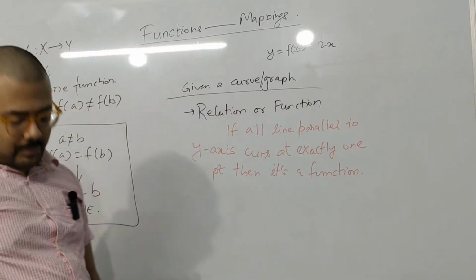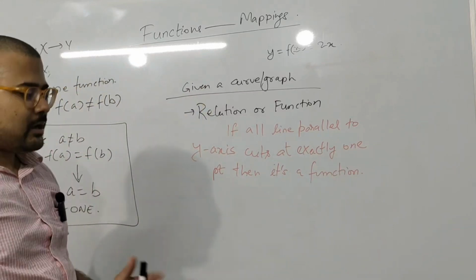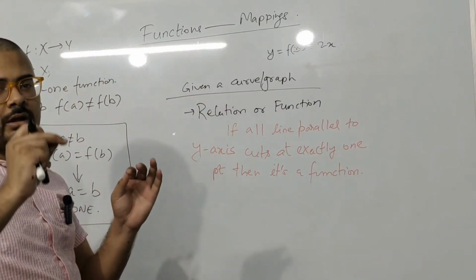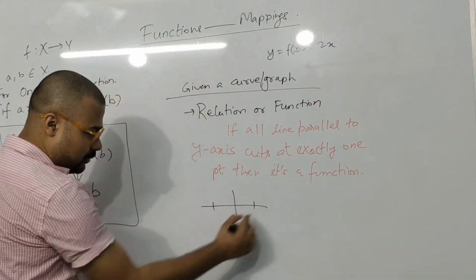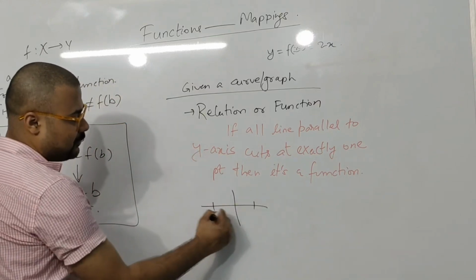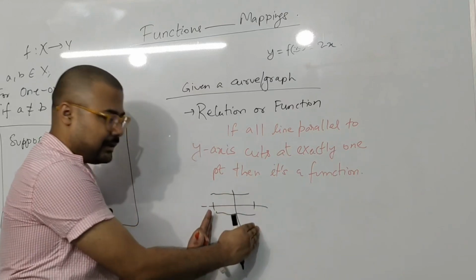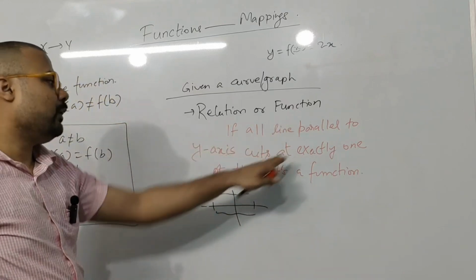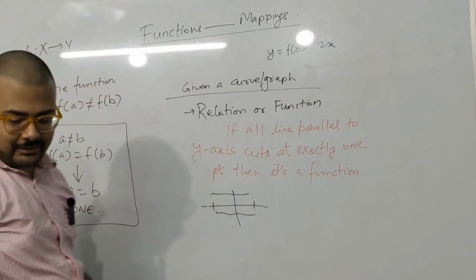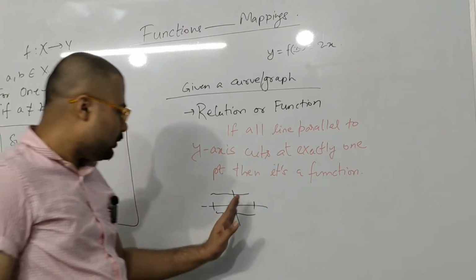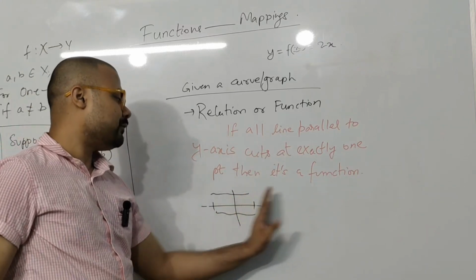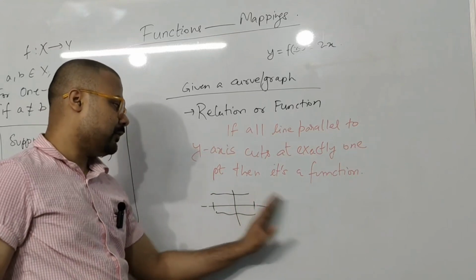Now, to be very precise, I assume that the curve is only up to the domain. Let's say this is the region of the domain; I'm just looking up to this area, and then the definition will perfectly fit. I'm not going to draw any line parallel outside of this domain.